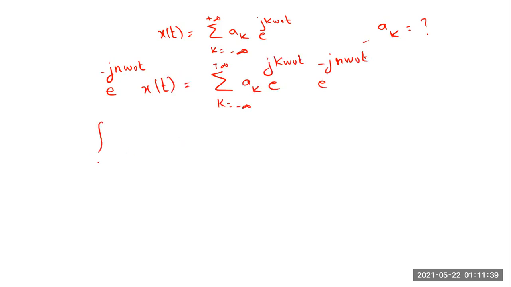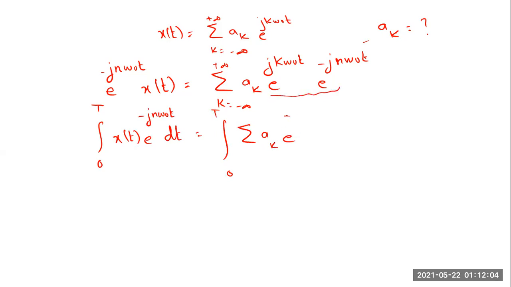So over a period, let's say we start from 0, so it's from 0 to capital T. We can combine these two terms. So we get e plus j omega naught t, and we have k minus n.